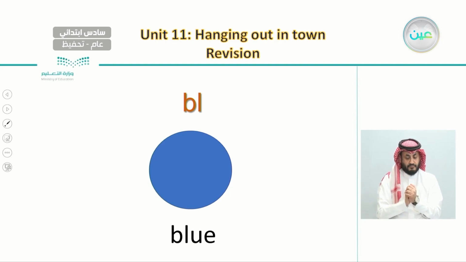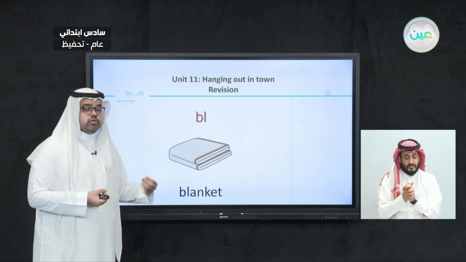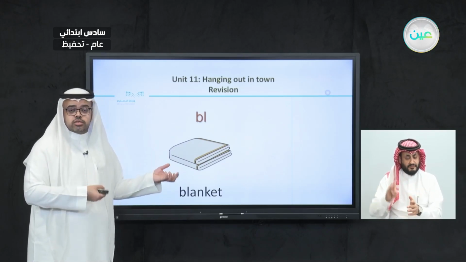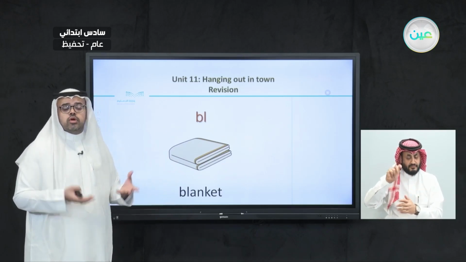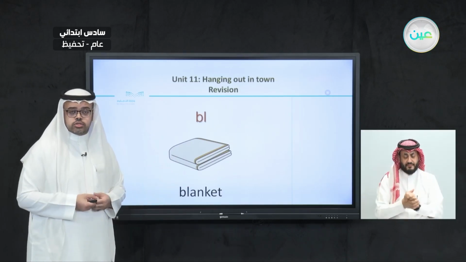Now, the fourth word we have for this blend was blanket. Say after me, blanket. A blanket is usually a piece of fabric that we use when we go to sleep in our bed, or if we want to get warm.